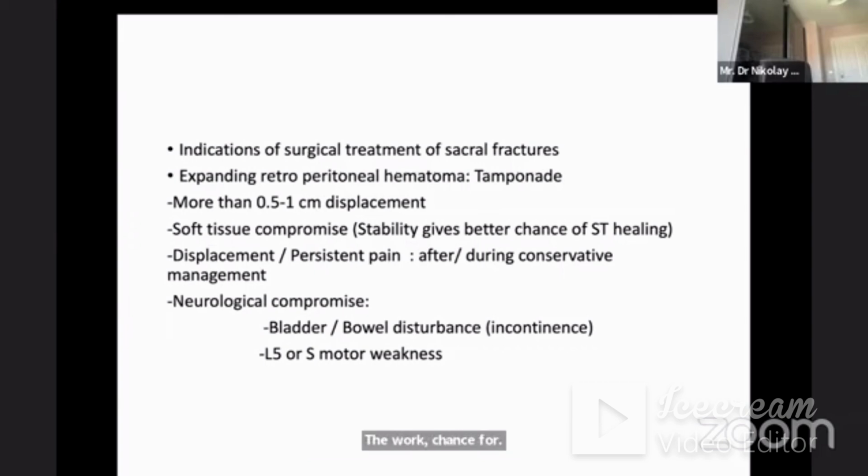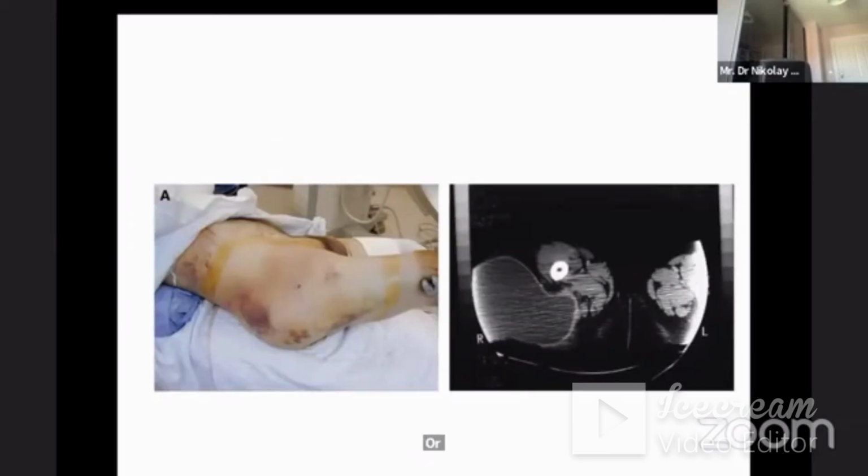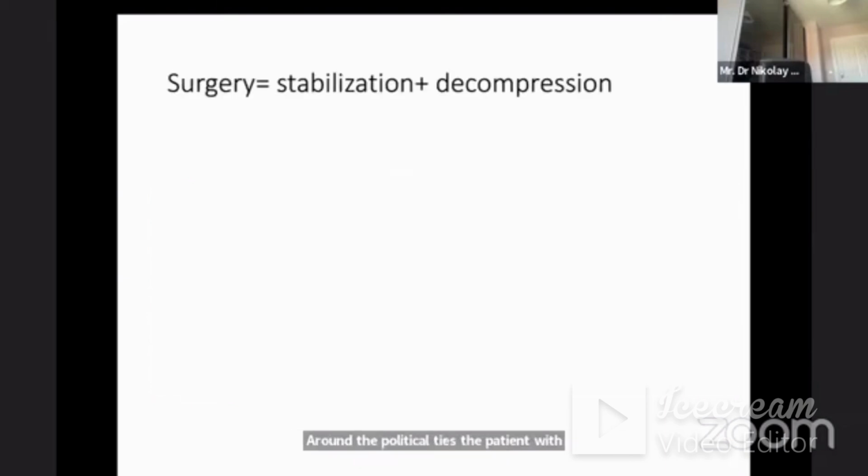If there is displacement or persistent pain during conservative management, and if there is neurological compromise, especially the bladder and bowel disturbance in form of incontinence and L5 or S1, 2, 3 motor weaknesses. This is how the expanding retroperitoneal hematoma might look like, and this is the usual soft tissue appearance around the polytraumatized patient with fracture of the sacrum.